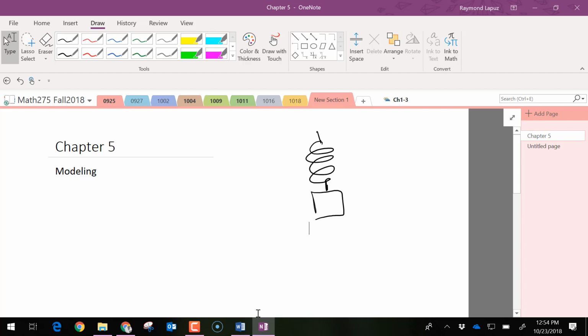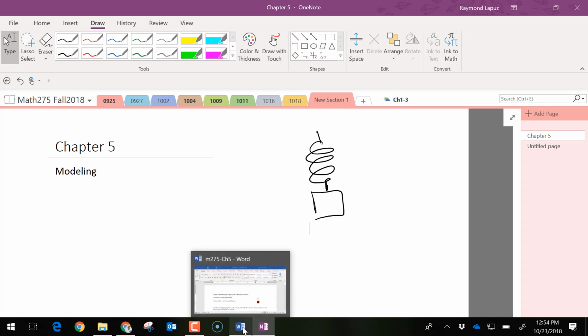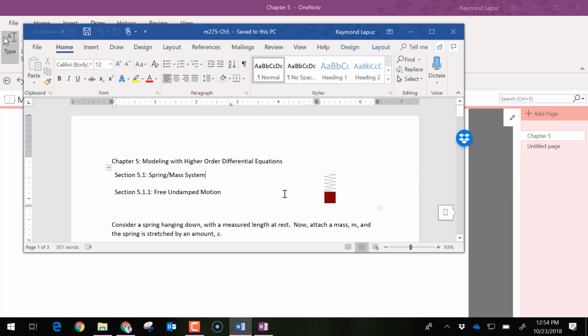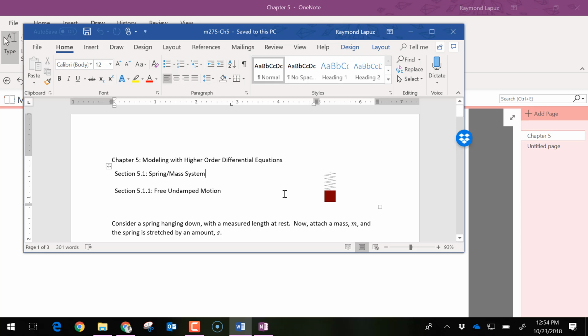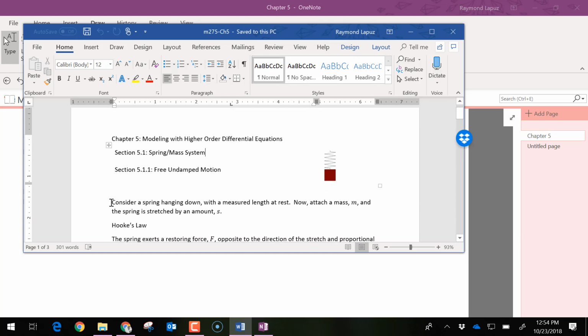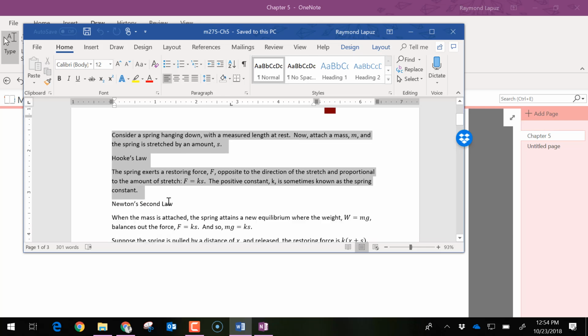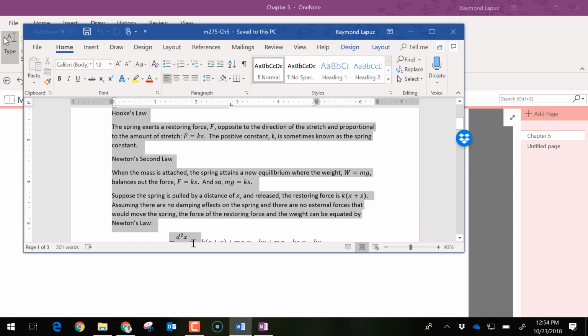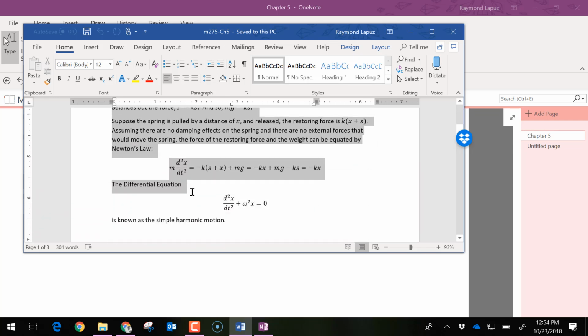The modeling that we're going to do will mainly be restricted to just second order differential equations with constant coefficients. So there's some information here that helps us set up our differential equation.